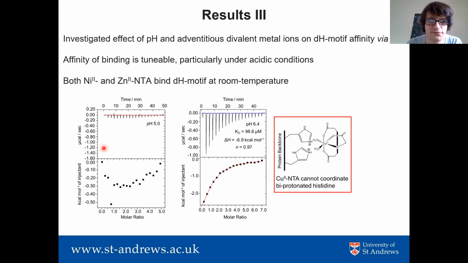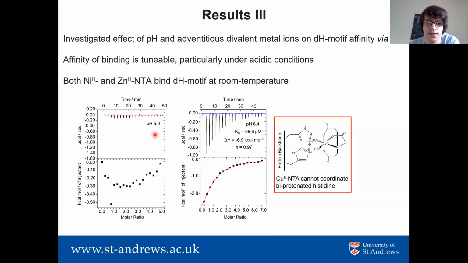So just to change pace slightly at the end here, we've started to investigate the influence of environmental factors such as pH and also competitor metal ions on double histidine motif affinity using room temperature ITC.